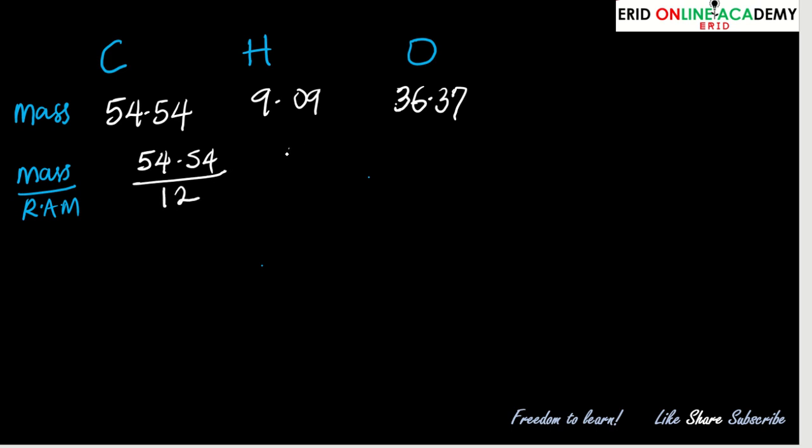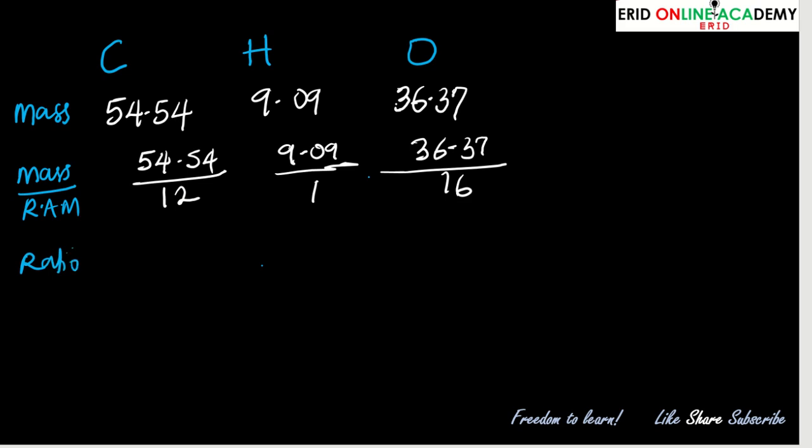For hydrogen, the relative atomic mass, check your periodic table, is 1. And for oxygen, the relative atomic mass is 16. So we divide 36.37 by 16. The first thing is you get the ratio in which the atoms exist, the raw ratio if you like.